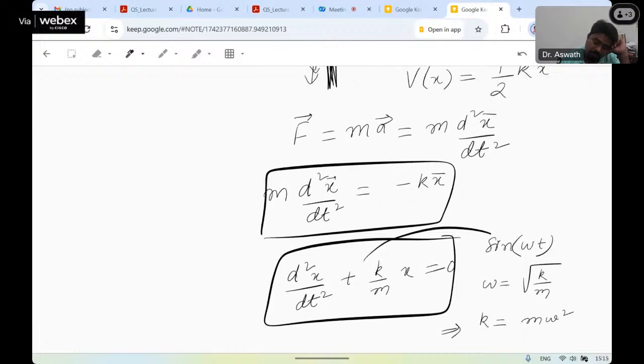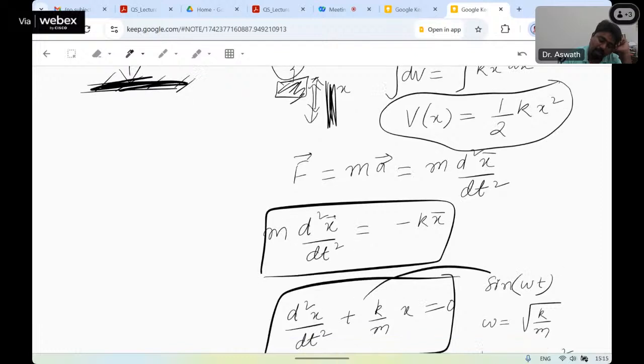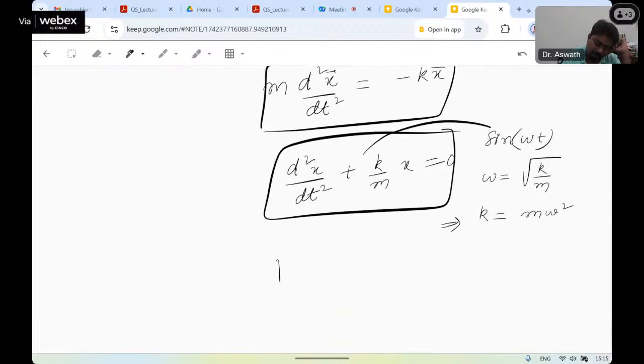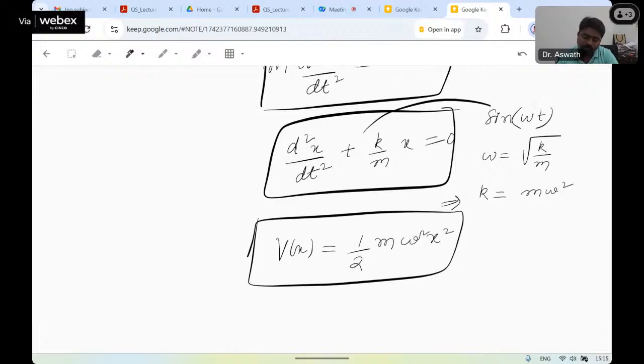So k is m omega square. The potential energy of any given oscillatory system is half kx square, so you substitute m omega square in place of k: half m omega square x square.